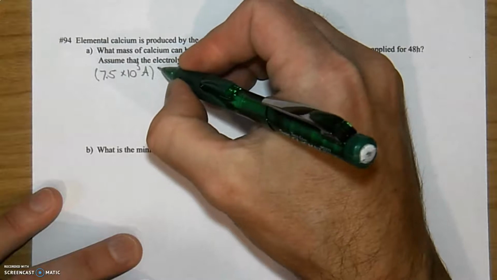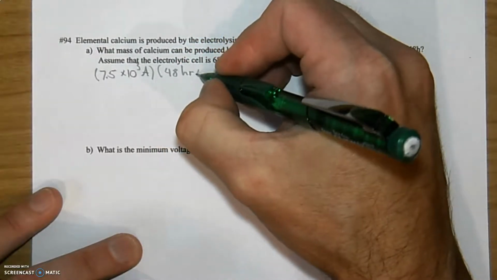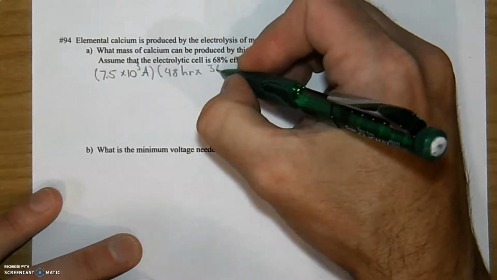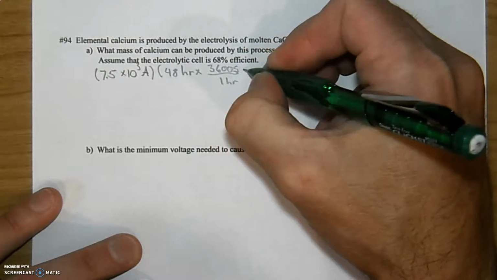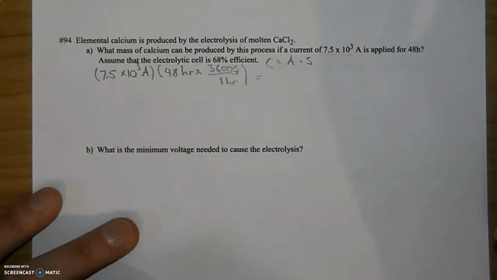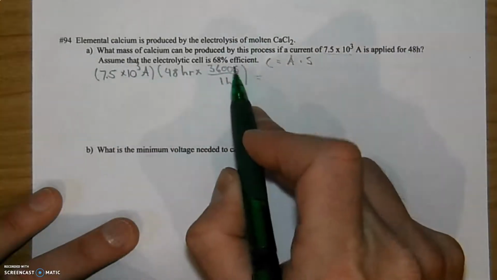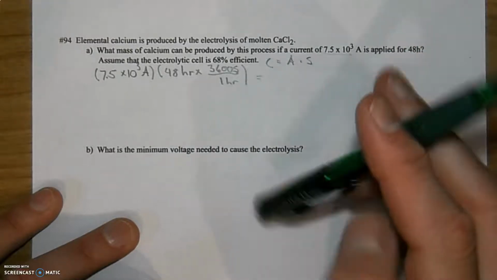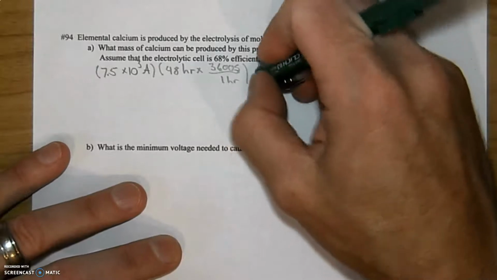times the time, 48 hours, times 3,600 seconds for every 1 hour. And that'll give me, there's something else in here I had to pull out. Oh, the efficiency. Assume that the efficiency of this process is only 68%. I can apply this anywhere in the problem, but I'm going to throw it in right now.